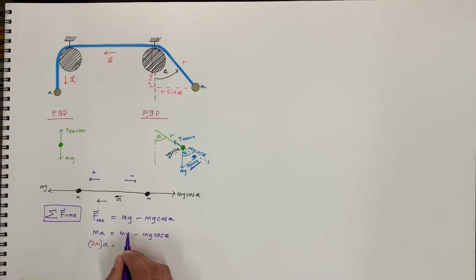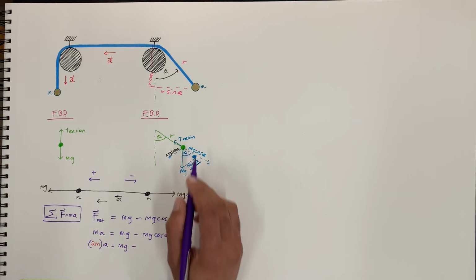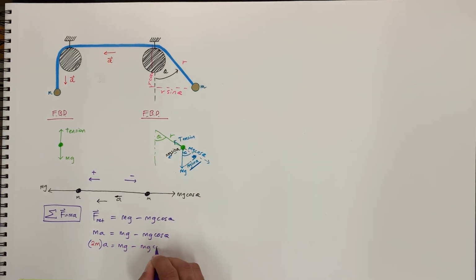Okay, and this side is a single m because that represents that one. And this side here is a single m because it represents this one. So the only reason we put 2m on this side is because it's the force net. It represents all the forces put together, and so it has to represent all the masses put together, not just one single mass, okay? So let's cancel out mass.